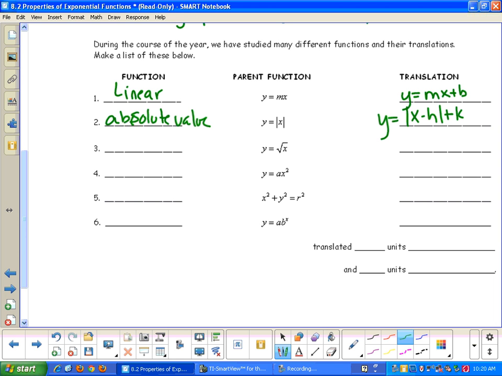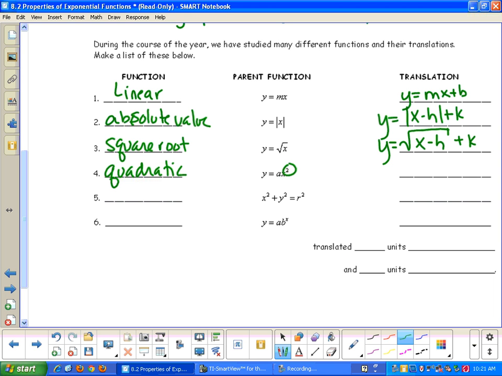For the next one, this was the square root function. And the translations for this were y equals the square root of x minus h underneath the radical, and then plus k on the outside. Then we had, with the square, that means we have a quadratic function, and the shape it makes, remember, is a parabola.